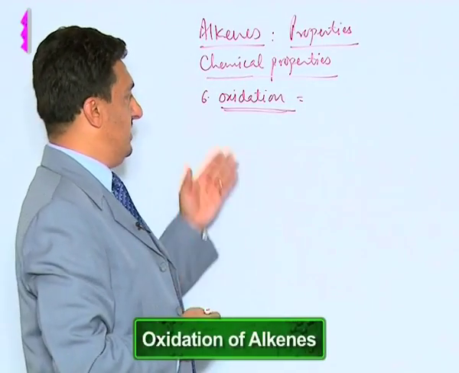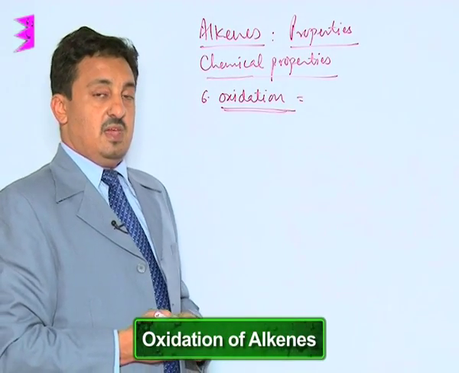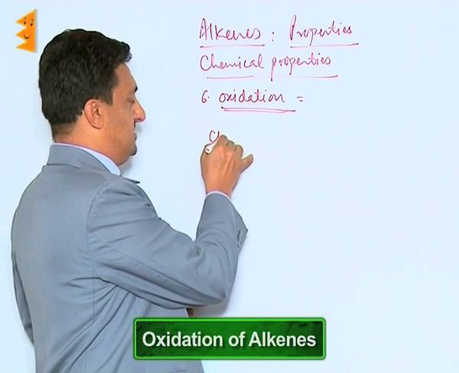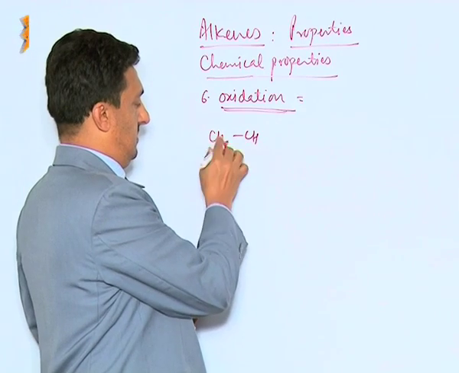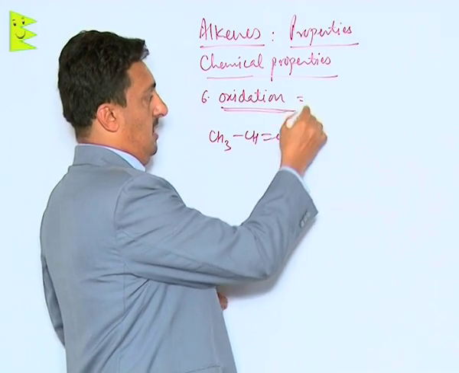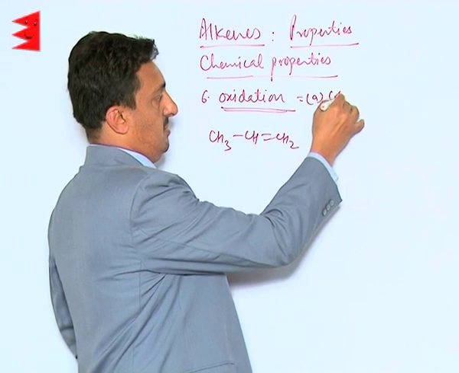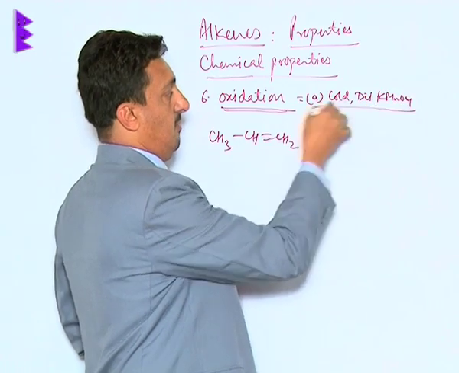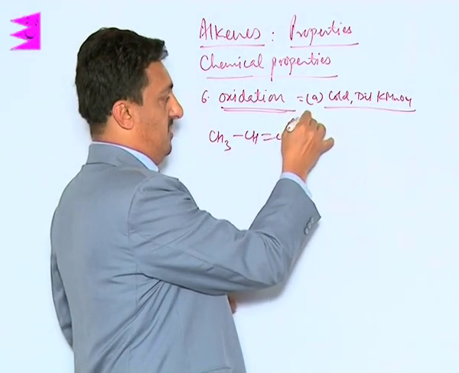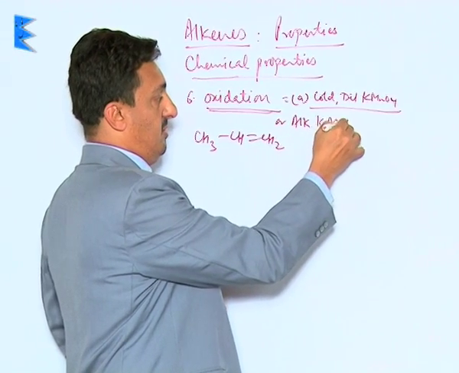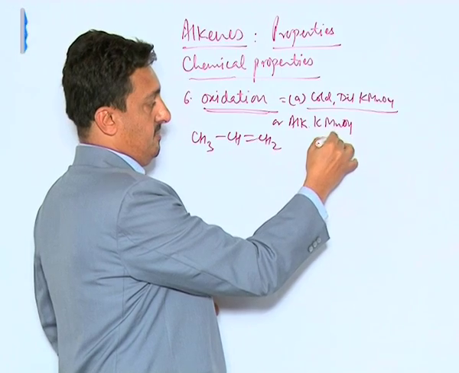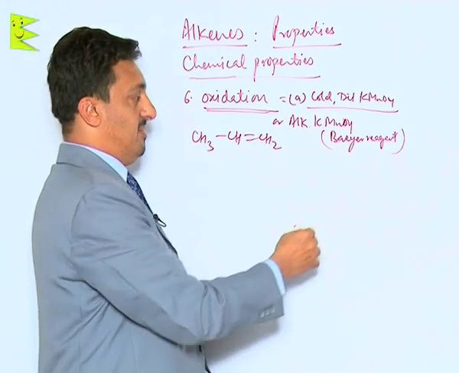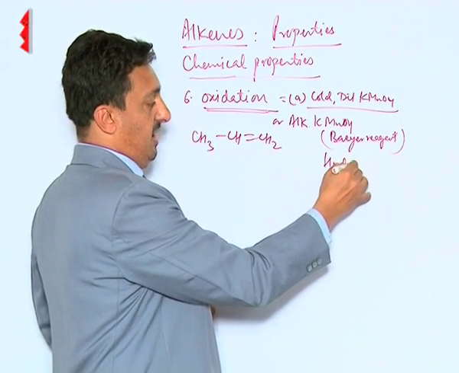Let us see the next reaction of alkenes, which is called the oxidation reaction. In this, addition of KMnO4 is done. When any alkene is subjected to cold dilute KMnO4, or alkaline KMnO4, which is called Baeyer's reagent, this Baeyer's reagent does the work of hydroxylation.